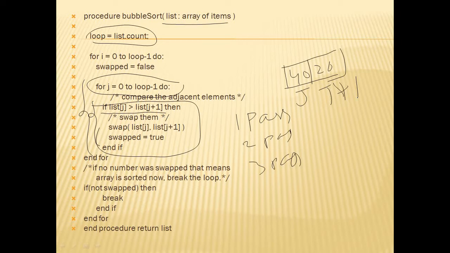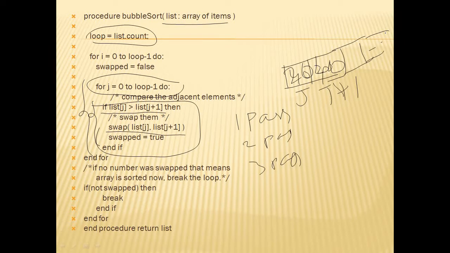Then we swap list of j and list of j plus 1, meaning 20 will come here and 40 will come here. Then swapping is set to true. The same thing will apply for the next cells. So this is the bubble sort algorithm.